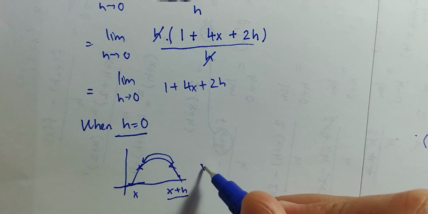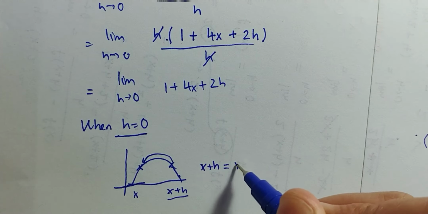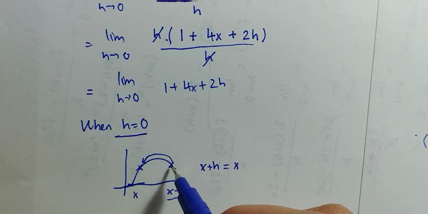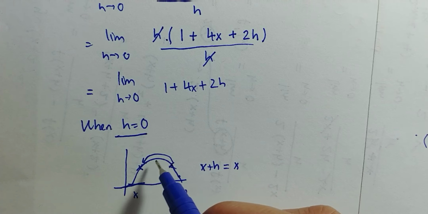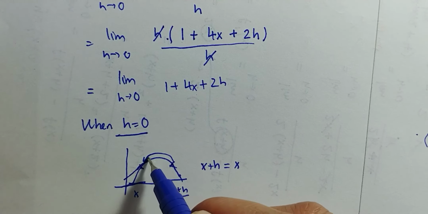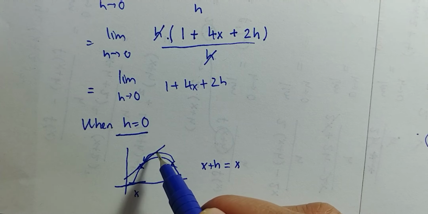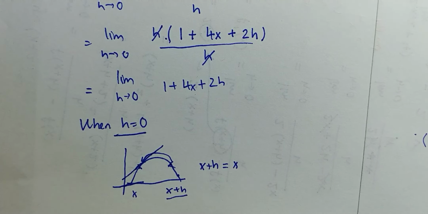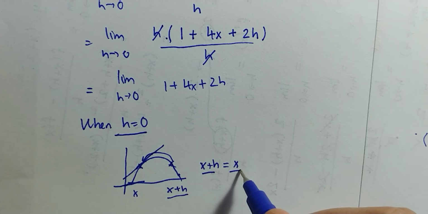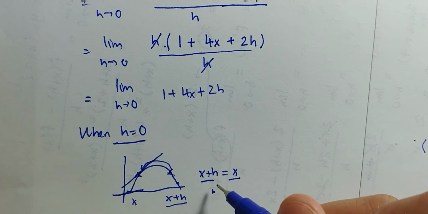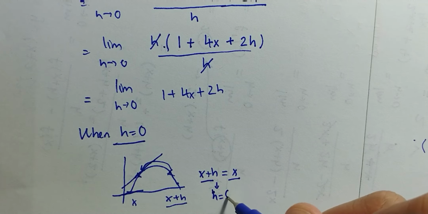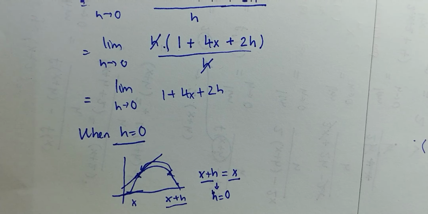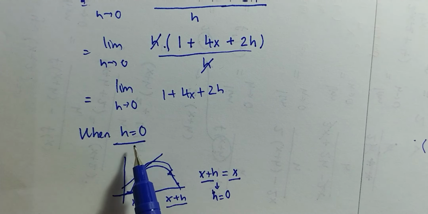So this is when the x plus h is equal to x. So I'm shifting this from this point to this point where I am trying to find the derivative. And because when that's equal to that, the h has to be 0. So that explains why.